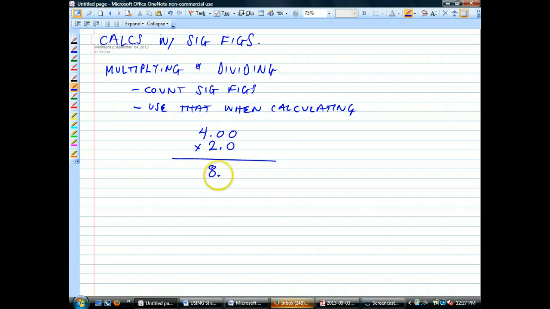But what happens is I'm going to be limited to the smallest number of significant digits.